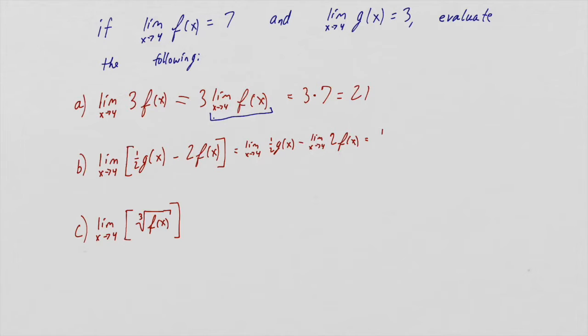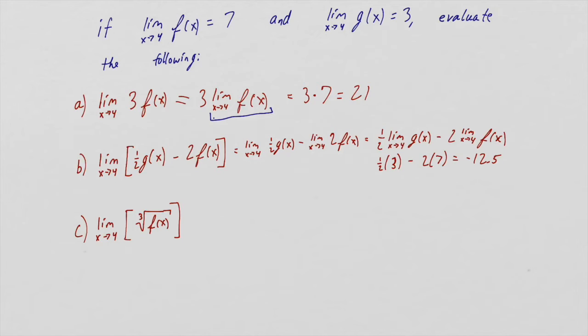We can pull those out to the front, so it becomes 1/2 the limit as x approaches 4 of g of x minus 2 times the limit as x approaches 4 of f of x. And then we can evaluate these parts. We know the limit as x approaches 4 of g of x is 3, and the limit as x approaches 4 of f of x is 7. So we have 1/2 times 3 minus 2 times 7, which is going to be negative 12.5.